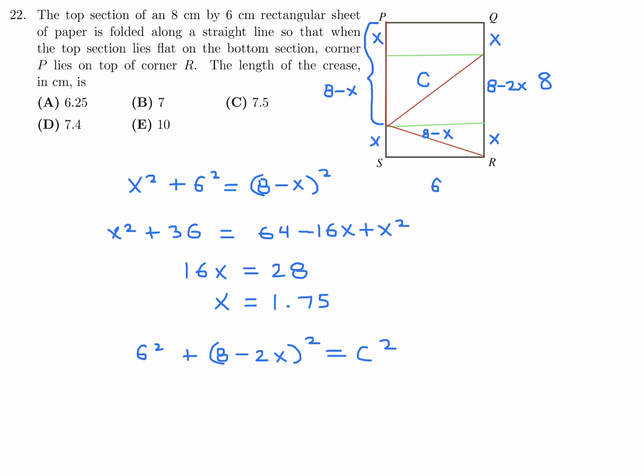So substitute x equals 1.75 into this, and we get 36 plus 20.25 when you square 8 minus 2x, and that's equal to c squared. This is 56.25 equals c squared. When you take the square root, you get 7.5. So the crease is 7.5, and that means number 22, the answer is C.